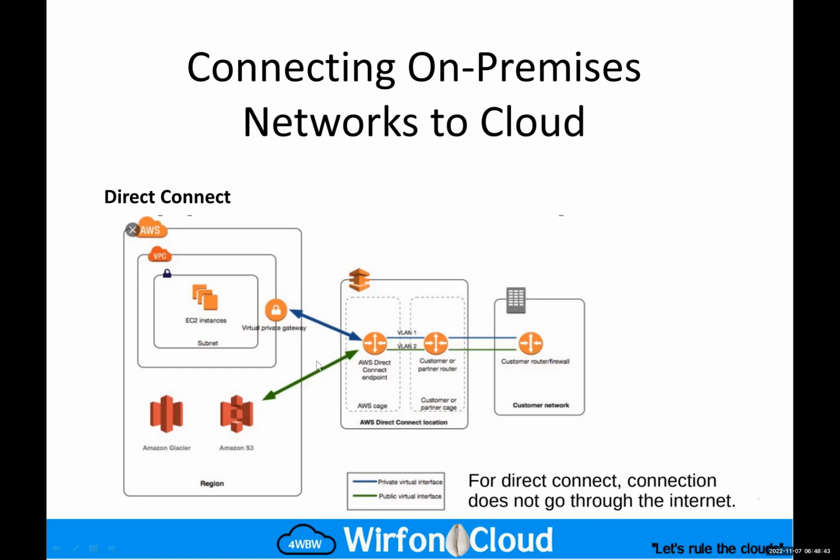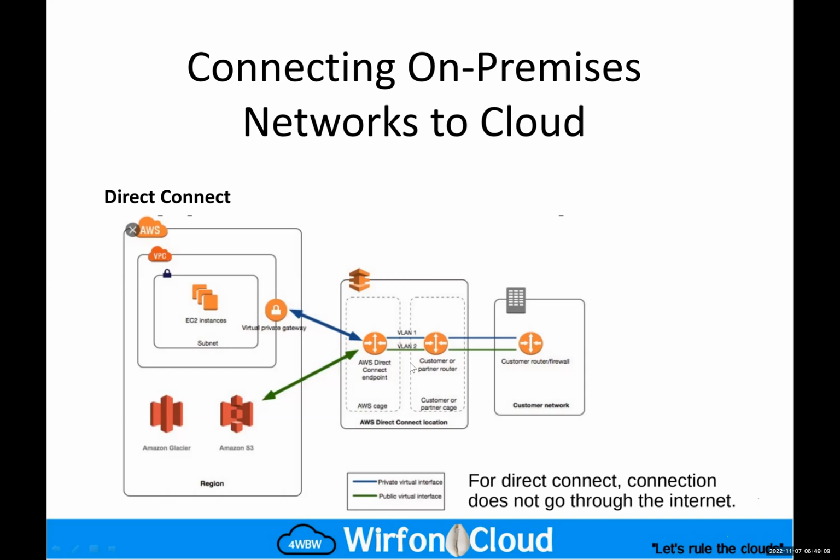to the resources in the cloud. You could do either a direct connection, or you could go through a partner router to establish this Direct Connect. You would also learn more about different types of Direct Connect as you go further.